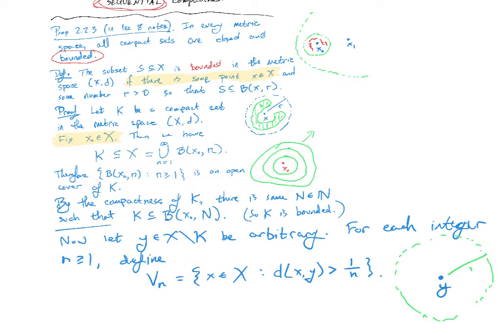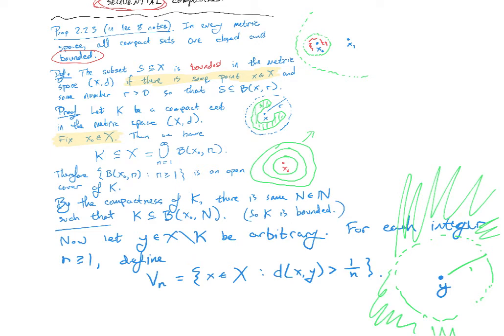So our first one is the outside of this circle of radius 1 centered at y. Our second one would be the outside of the circle of radius 1/2 centered at y, and so on and so forth.